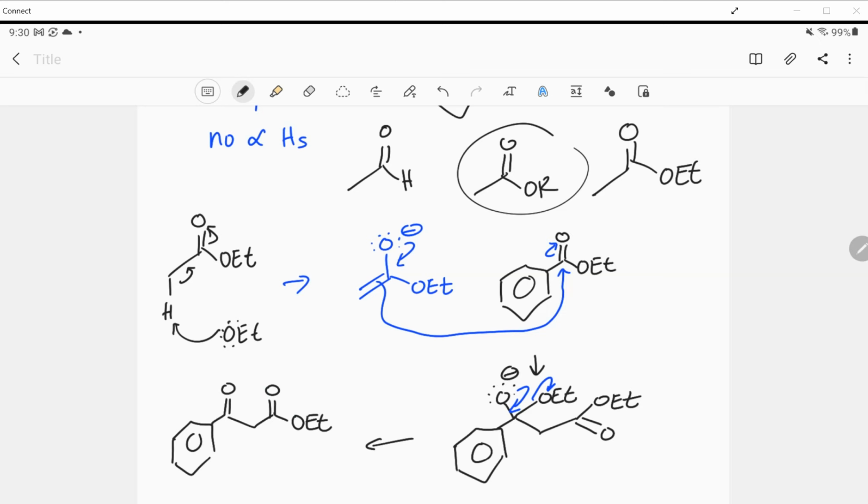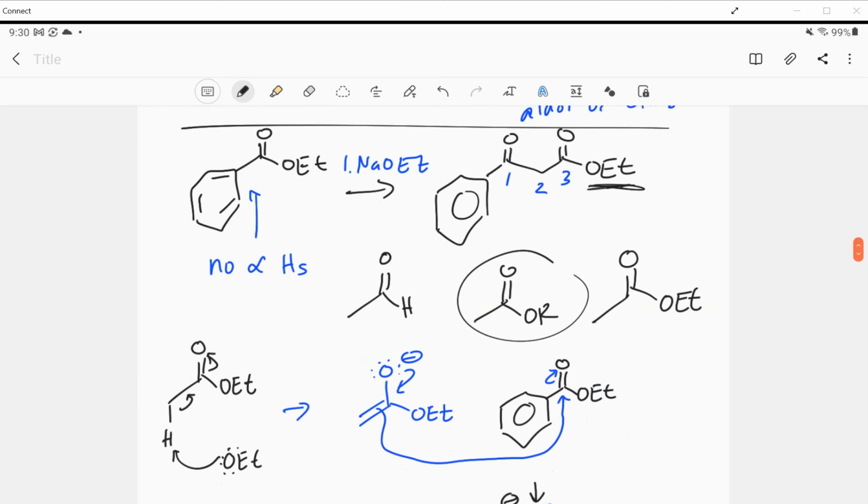And so we end up with our product. So the set of reagents you're going to put in here would be the sodium ethoxide followed by your ester. And so those would be the reagents necessary.